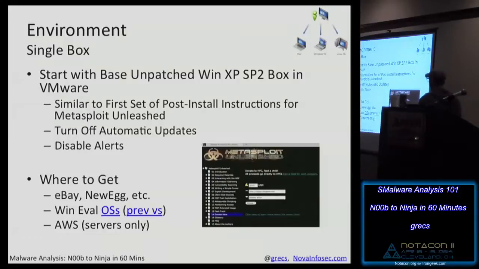So where to get it, obviously, they're not selling it. But you can do the same thing with later operating systems too. Go to eBay, Newegg, wherever, your traditional sites like that. You can usually find OEM copies.